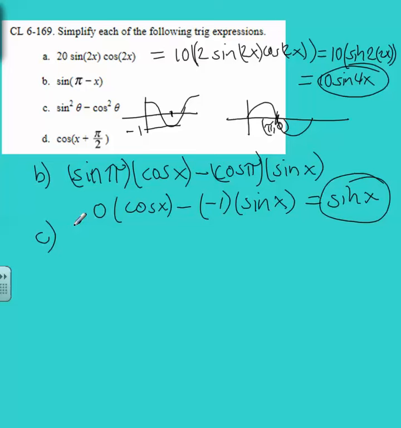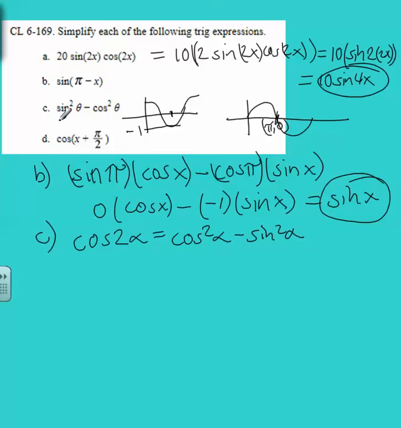Looks like the cosine double angle formula to me, because our cosine double angle says cosine of 2 alpha equals cosine squared alpha minus sine squared alpha. Well, they're not exactly alike, so what can I do?